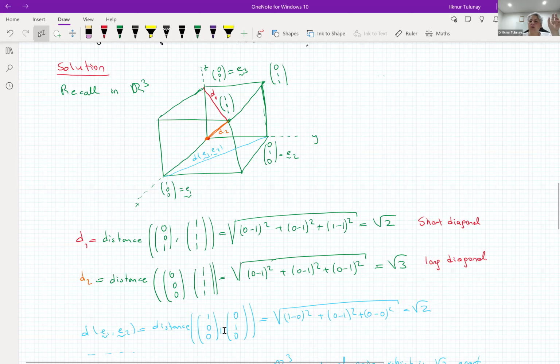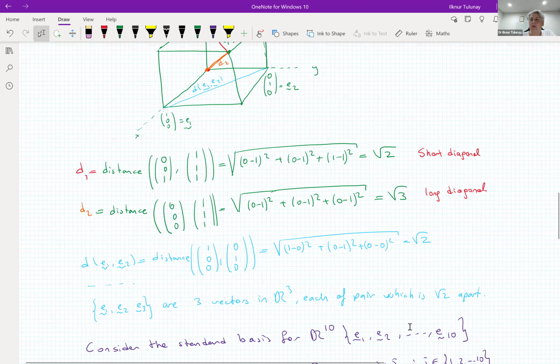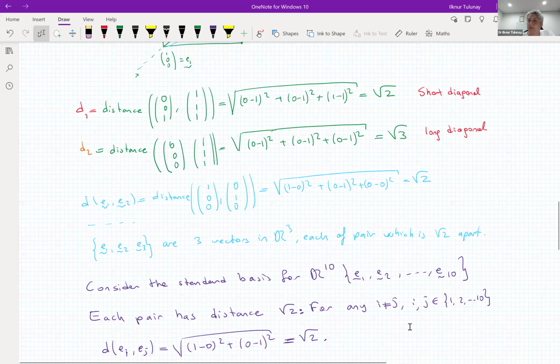So they only differ in two places. If you think about the n-dimensional case for the real numbers, the distance will always be root 2 if you take any two standard basis elements in R5, or in any Rn.